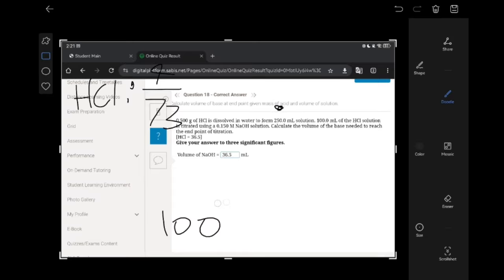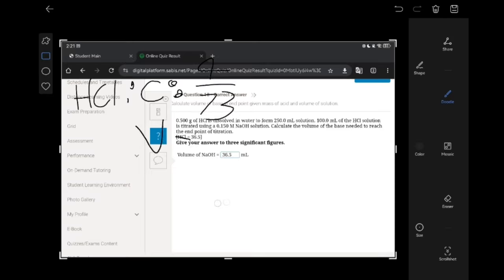See why you need to read it part by part? So they used 100 milliliters of the HCl titrated by the NaOH. So the NaOH, they give us a concentration. And we don't have the volume of the NaOH, that's what we're trying to find. So look, HCl C is equal to 4 over 73, and the V here is equal to 100.